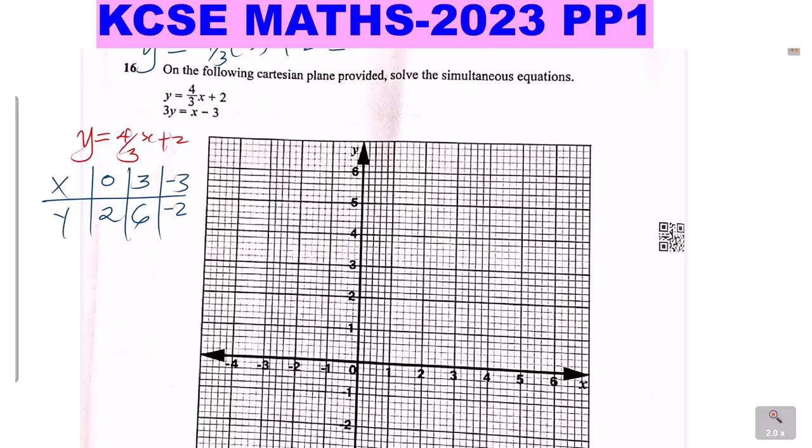The other equation is 3y is equal to x subtract 3. So we have x, we have y. We can start with when x is 0, just substitute x with 0. y will be -1.